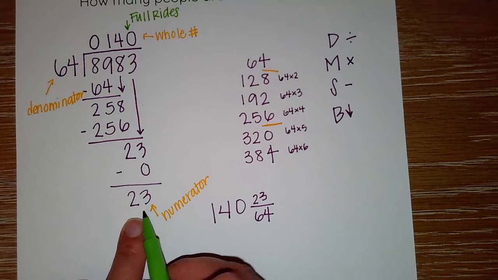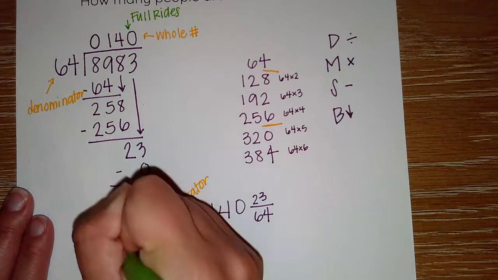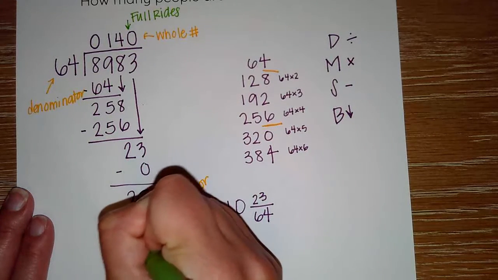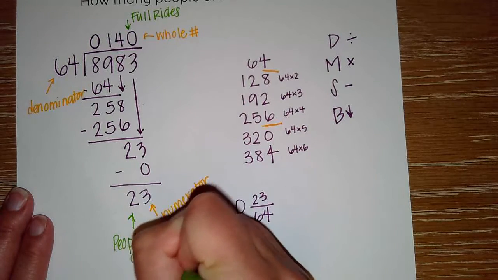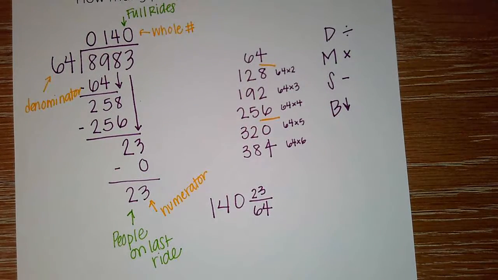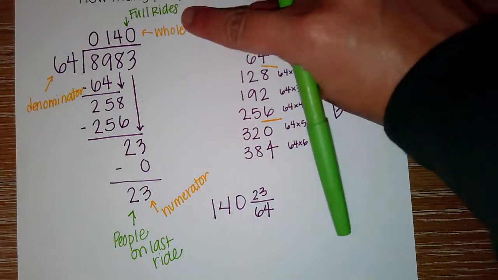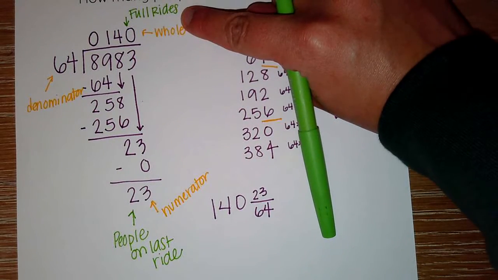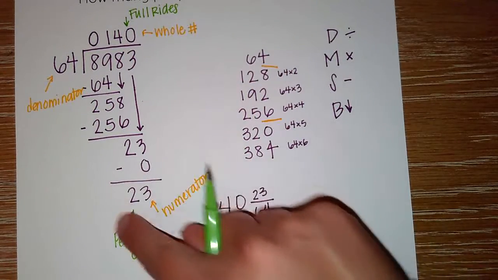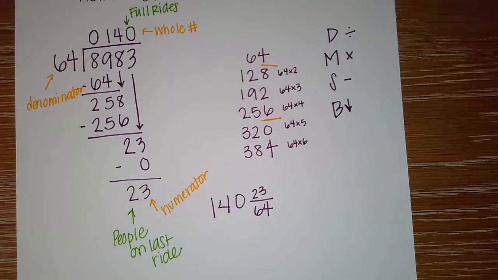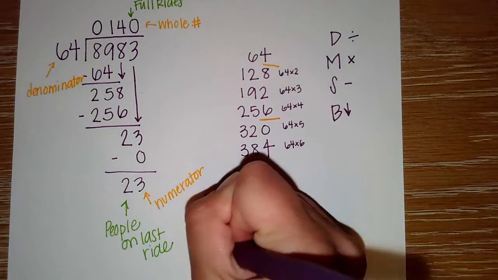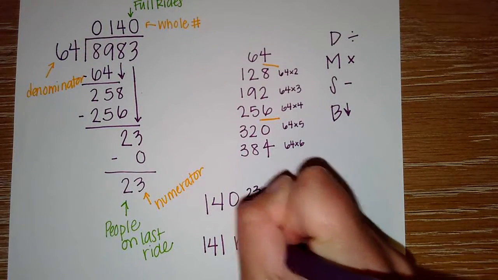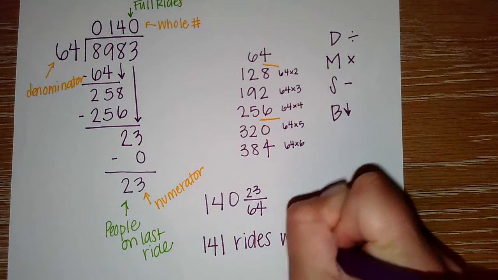There were only 23 people. So this is the people on the last ride. So this tells us how many full rides plus one more with these final 23 people. That tells us how many rides were given. Well, 141 rides were given.